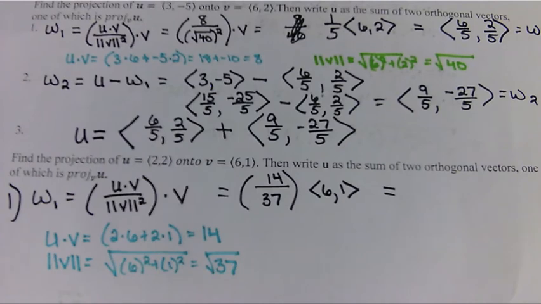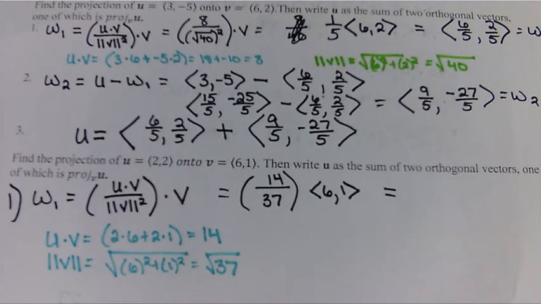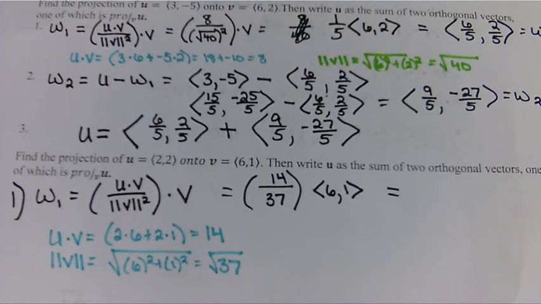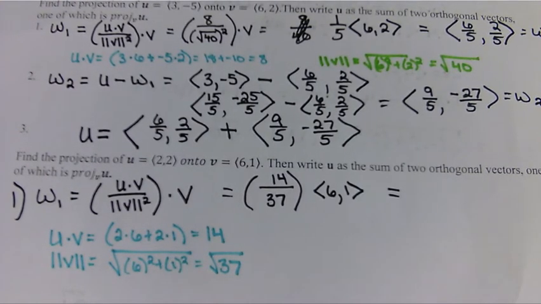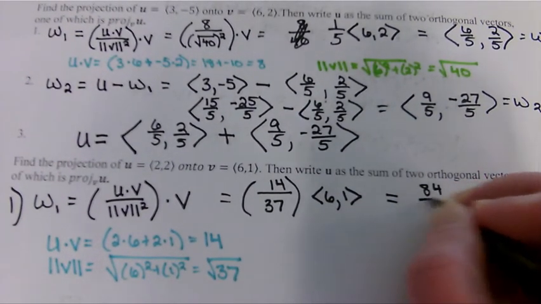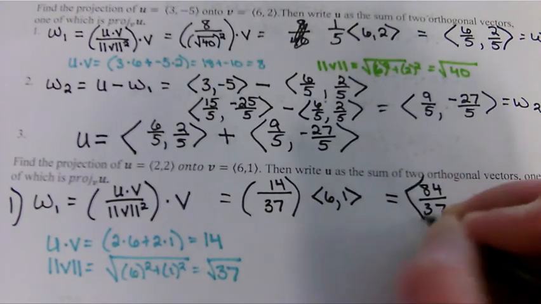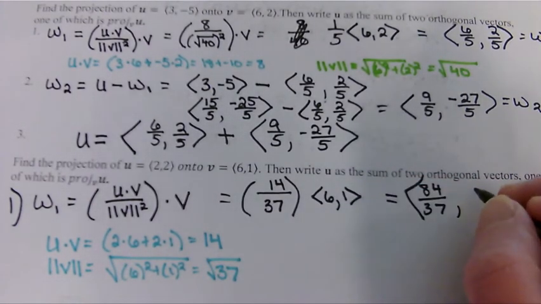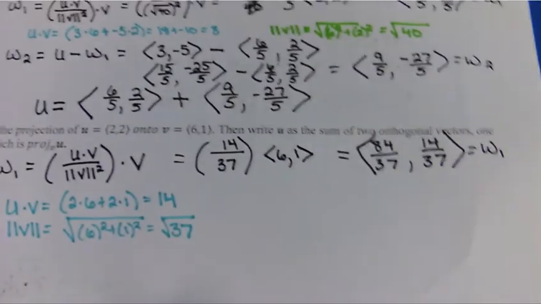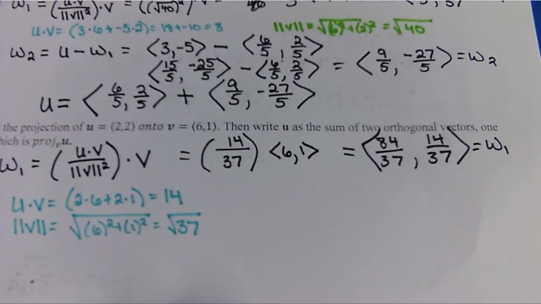So 14 times 6 is 84. And then, oh, luckily that's a 1, so that makes it easy. Sorry about that. I'm at the school again. That's my first vector I'm looking for.